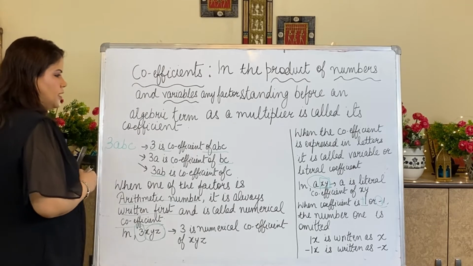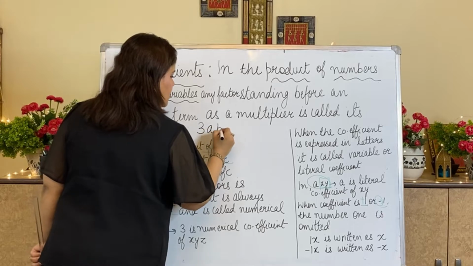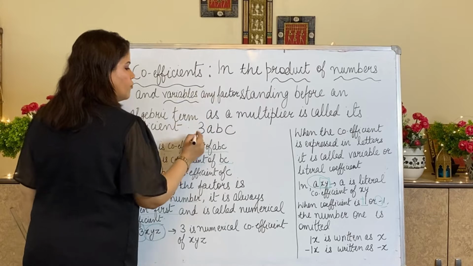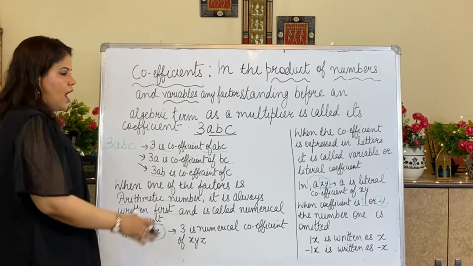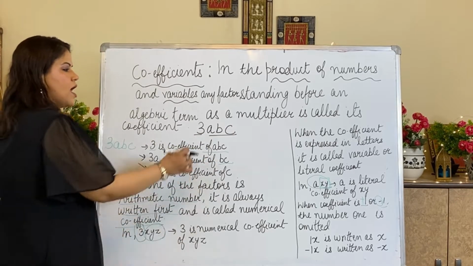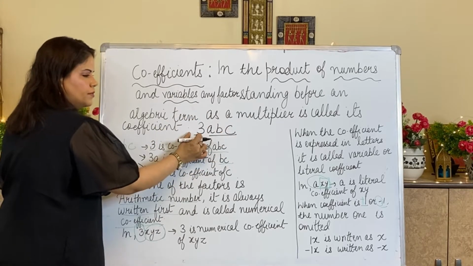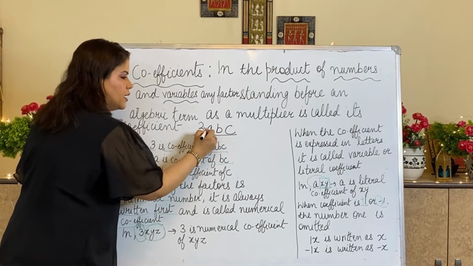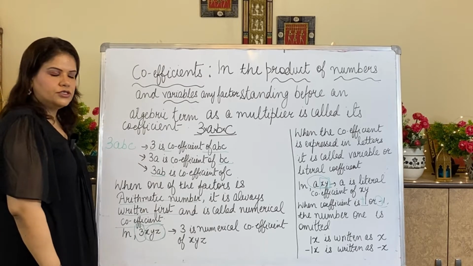Like I am taking one example, 3abc. This is the product of a number and variables, and each of them is acting as a factor here.